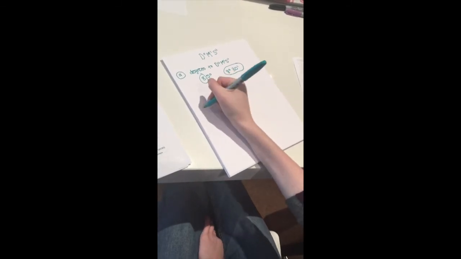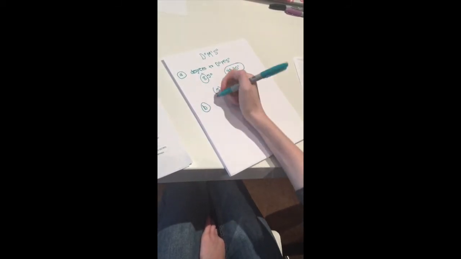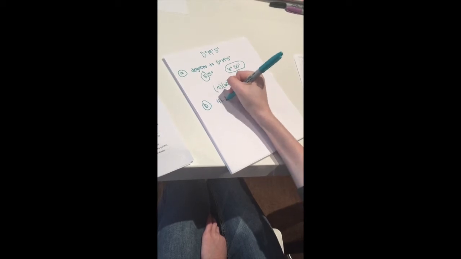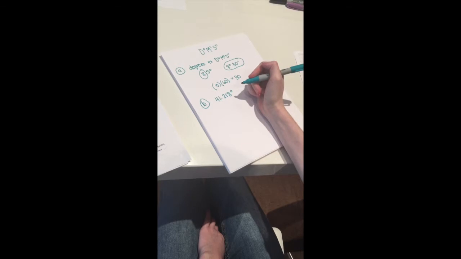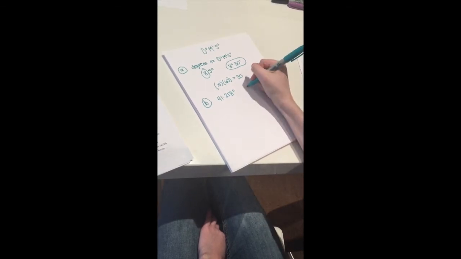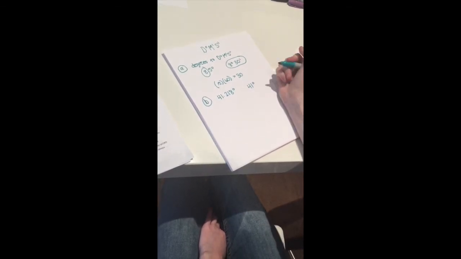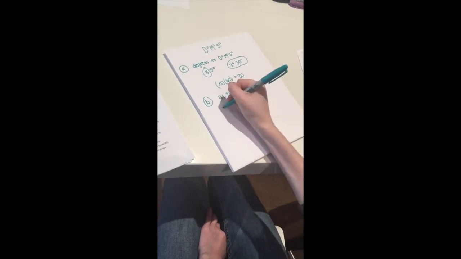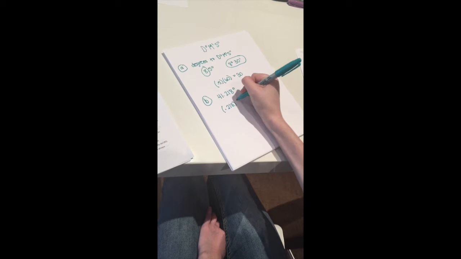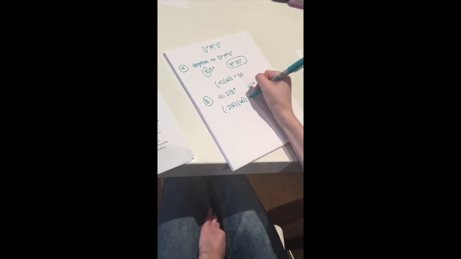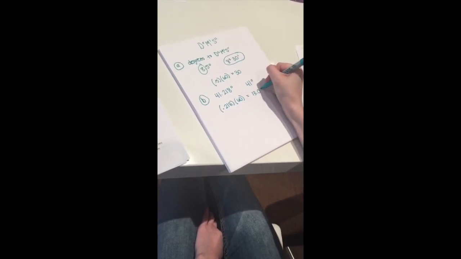The second example I'll be using is converting 41.218 degrees into degrees, minutes, and seconds. Now, like before, the 41 is our degrees, so we're just going to put it over there. And then, like before also, we multiply the 0.218 by 60, which we get 13.08.